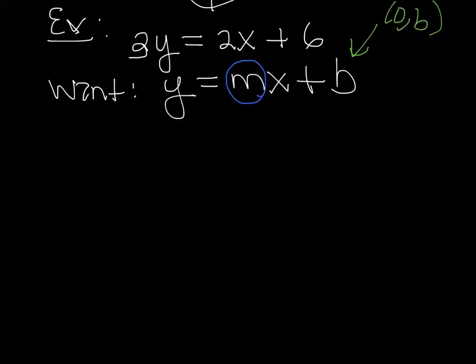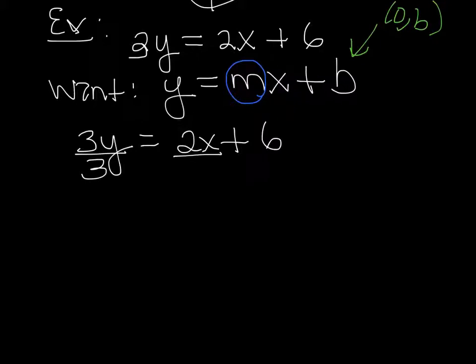We can do that. We have 3y equals 2x plus 6. Okay, I want to solve for y. Well, I have 3y, so if I want to solve for y, all I have to do is divide both sides by 3, right?